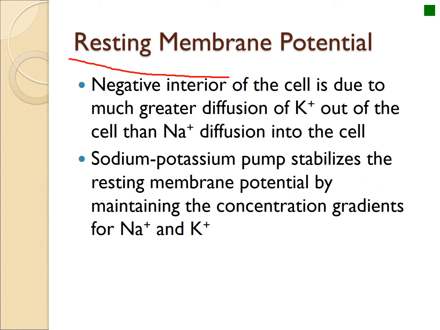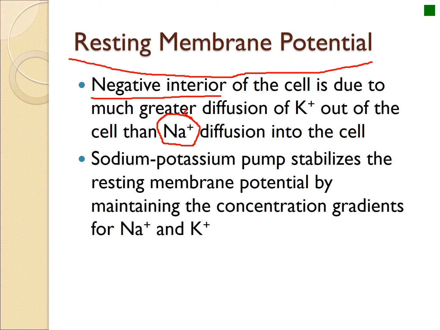Now, with this resting potential, the inside of the cell is going to have a relative negative interior. Again, this has to do with the relative ratios of sodium on the outside and potassium on the inside. We're going to have almost 6 times as much sodium on the outside of the cell, which is positively charged. Look at that. And there is a smaller amount of potassium on the outside, even though there's a lot more potassium on the inside.